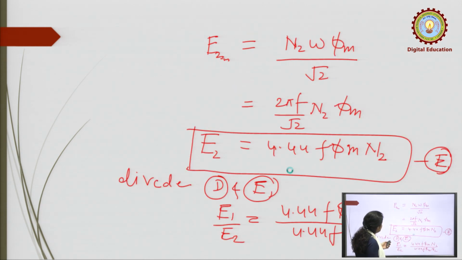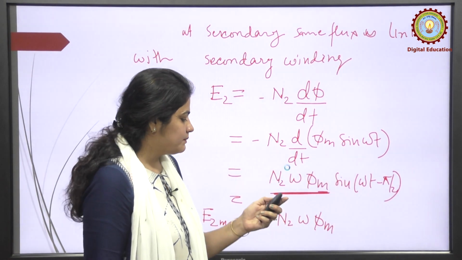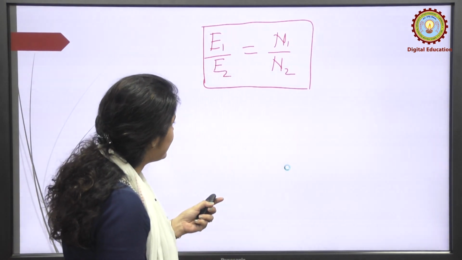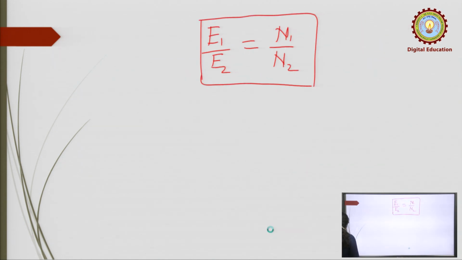Now, when you derive the voltages E1 and E2, E1 is induced due to Faraday's law when you apply the voltage, and it comes as omega sin omega t minus pi by 2. That means it is lagging the flux by 90°.